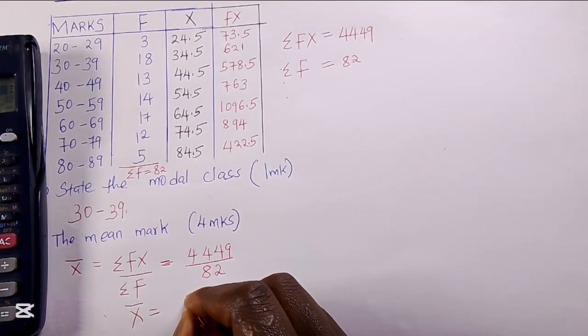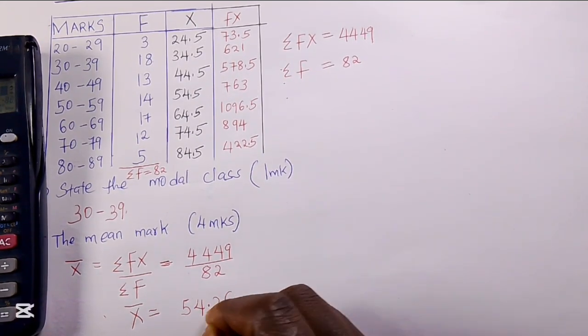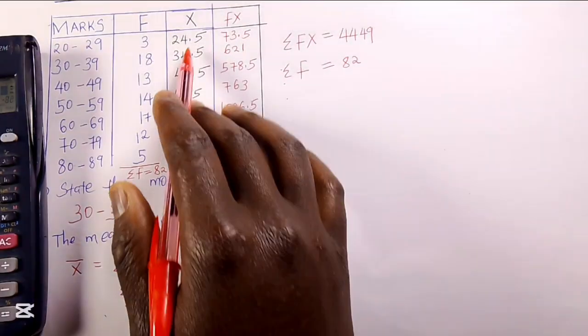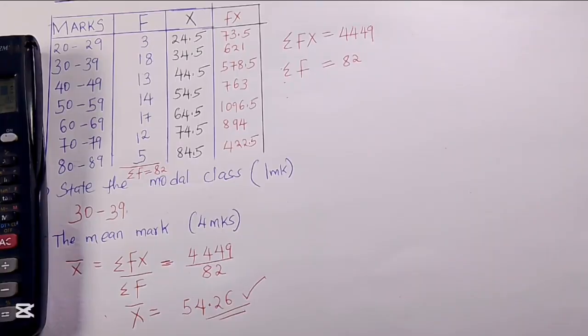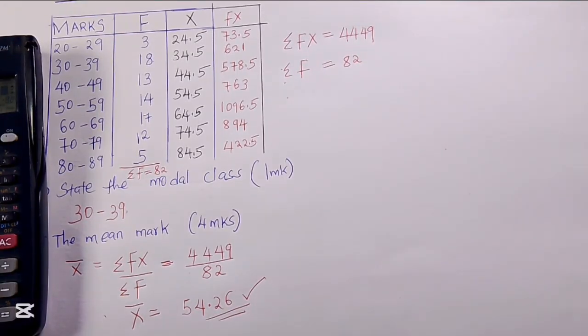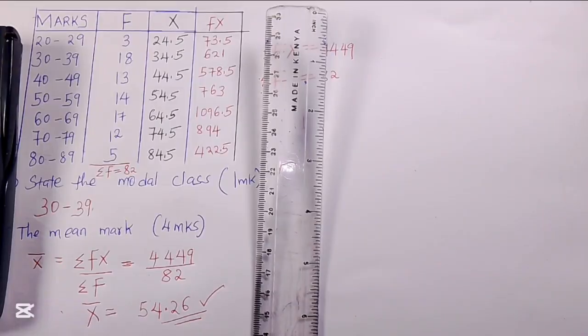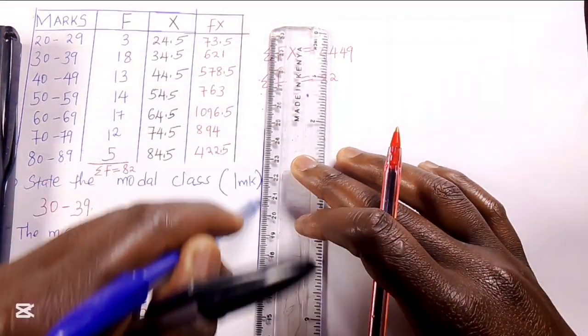The question reads, calculate to 2 decimal places. So by doing that, you get your 4 marks. You get the marks from filling the table and the calculation. So that sums up to 4 marks.